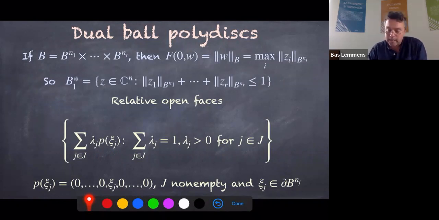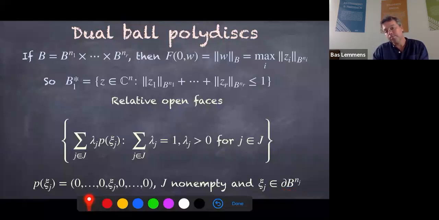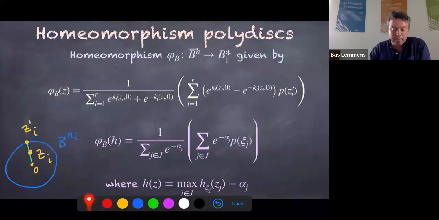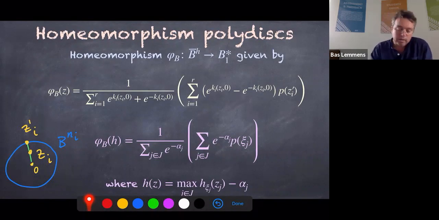Okay, and psi j is in the boundary of the ball. So these are the faces, and then you can actually write down the homeomorphism explicitly. Okay, so I'm going to give it to you. So first of all, we have to say something about what to do with z inside our domain B.